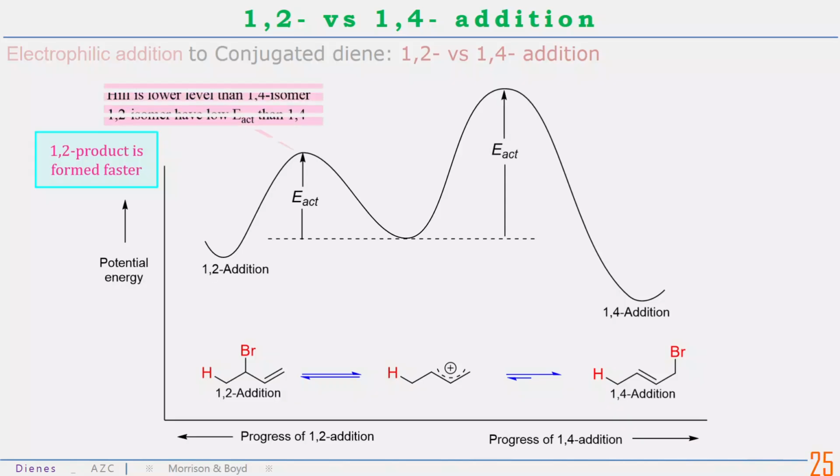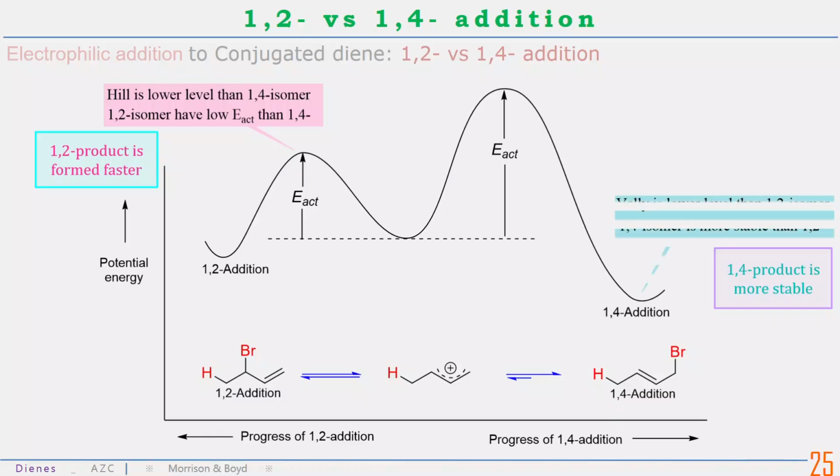Therefore, there is a lower hill and low activation energy to form the 1,2 product. The 1,4 product is more stable than the 1,2 product, and hence we must place its value at a lower level than that of the 1,2 product.